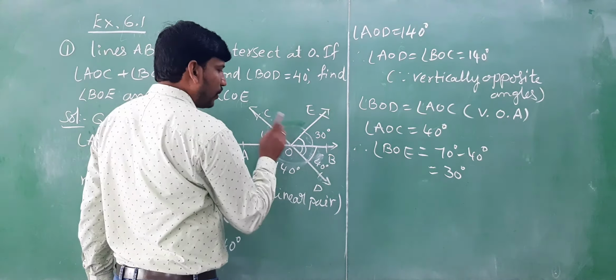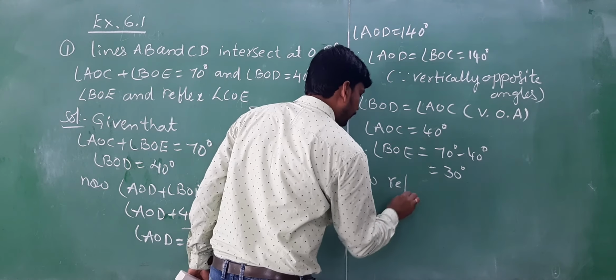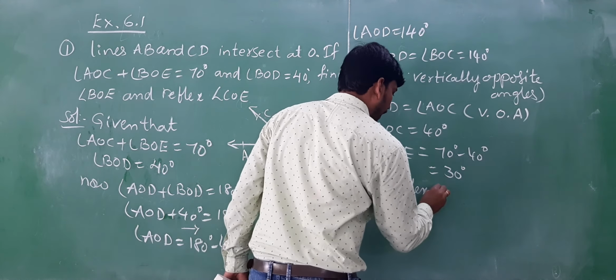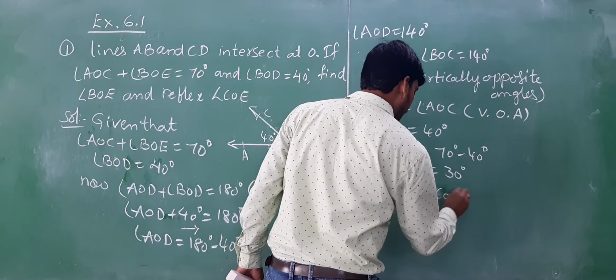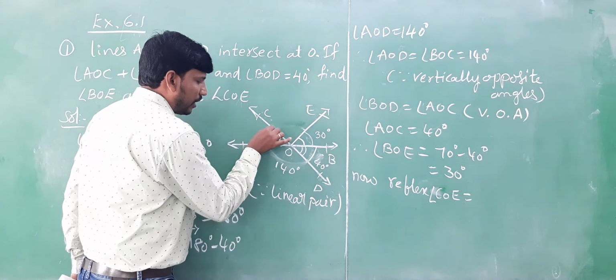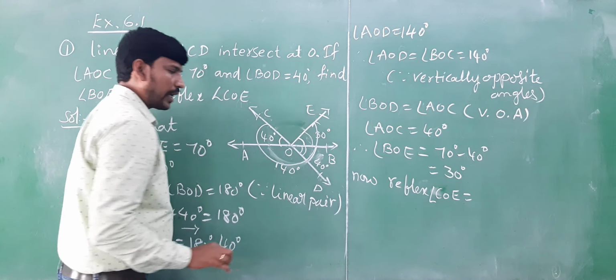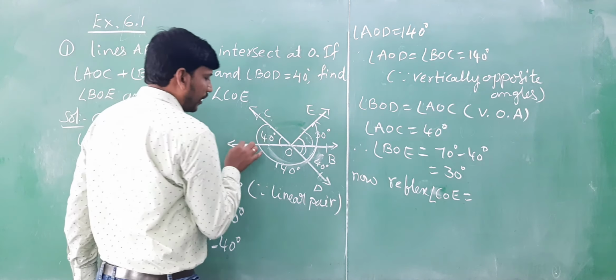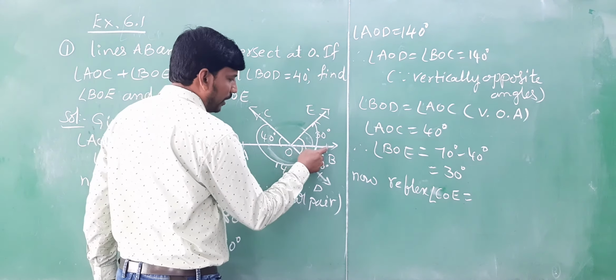Now the reflex of angle COE. See, from C onwards, COE is the total. That is angle AOC plus angle AOD plus angle BOD plus angle BOE.